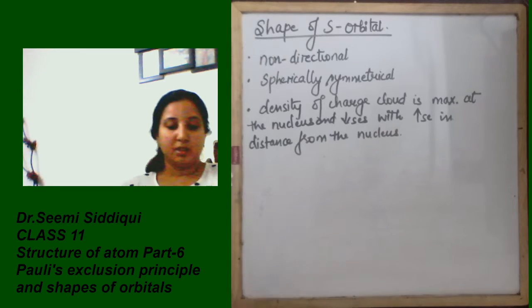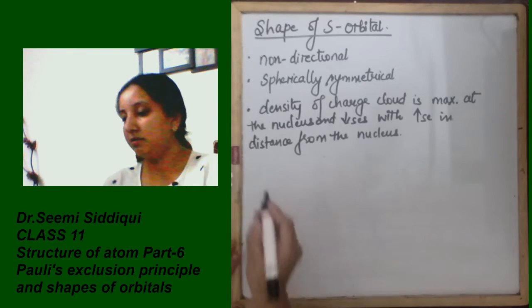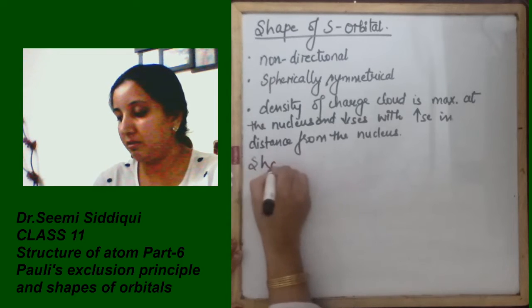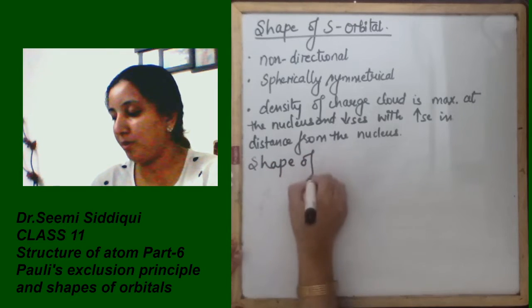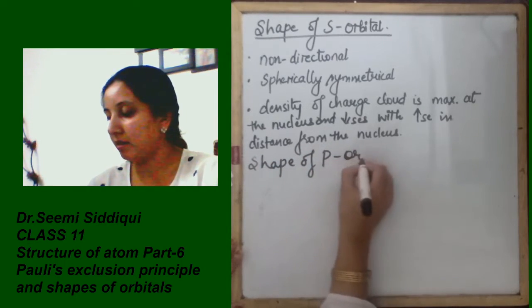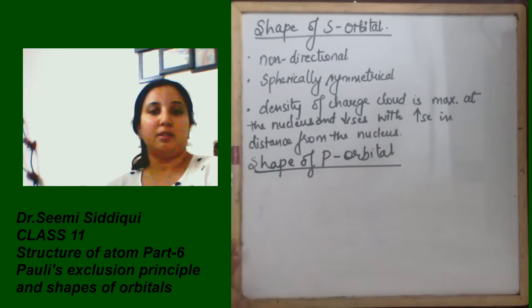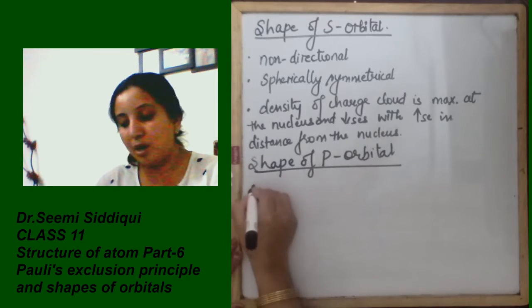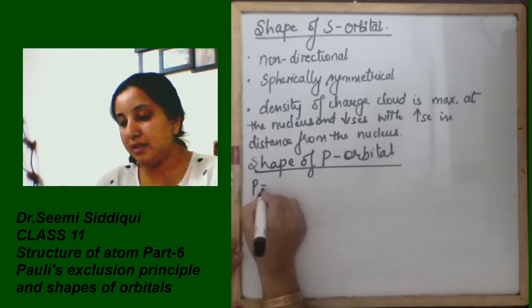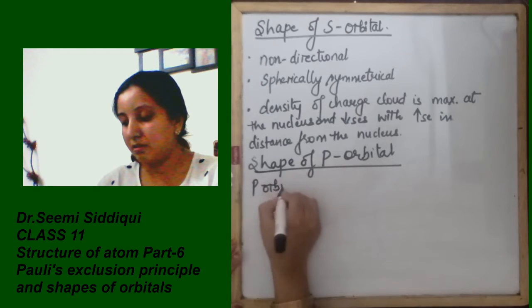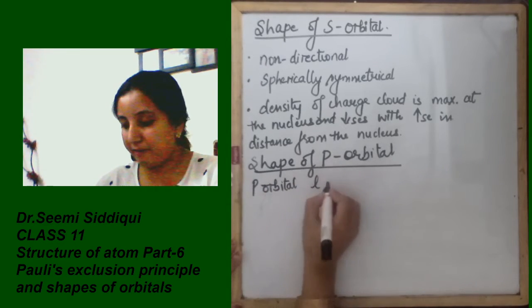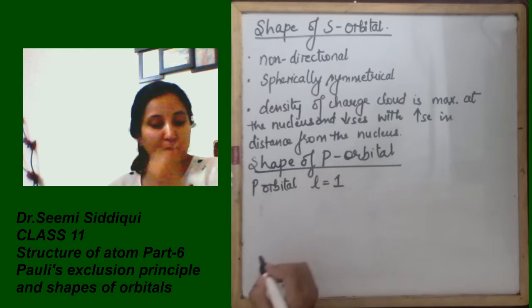Now next comes the shape of p orbital. When we talk about the shape of p orbital, it means that the value of L is going to be 1.